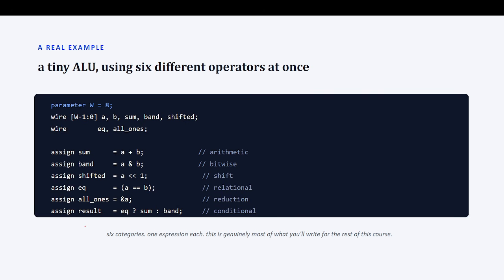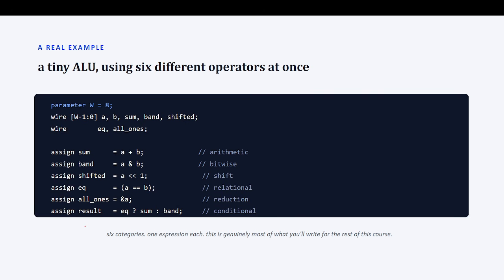Now, let us look at this code as a complete unit. This is a small arithmetic logic unit style fragment, and I want you to identify line by line which operator category is being used before I tell you.